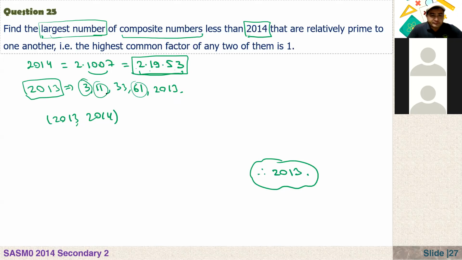So 2013 and 2014 are relatively prime to each other, because the highest common factor of these two numbers is only 1. So 2013 is a composite number, but it is relatively prime with 2014. All right, that's it.